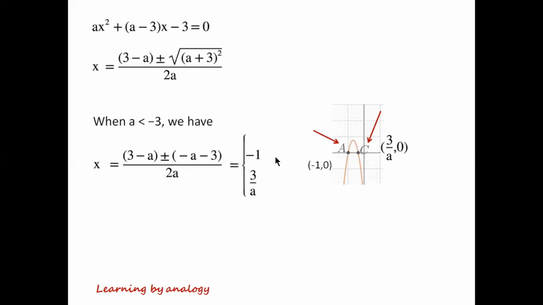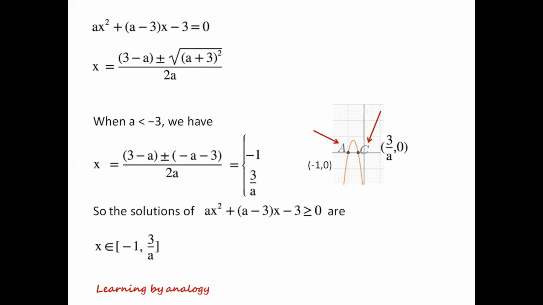When a is less than −3, we have x = ((3 − a) ± (−a − 3)) / 2a, which equals −1 or 3/a. So the solutions of ax² + (a − 3)x − 3 ≥ 0 are x in the closed interval from −1 to 3/a.